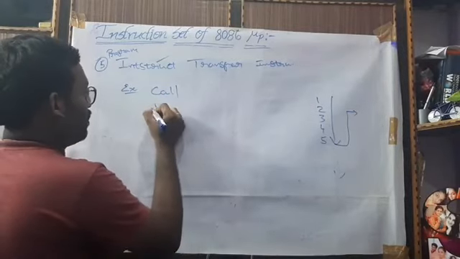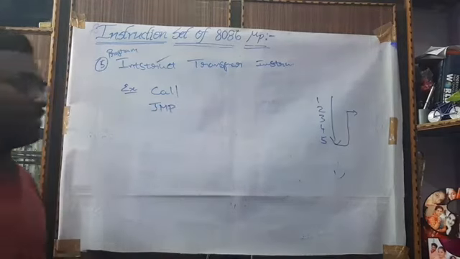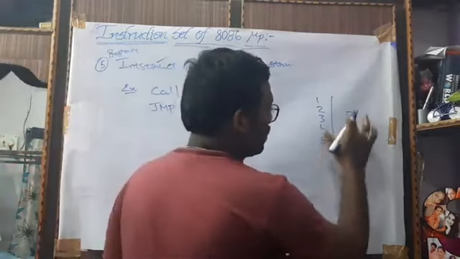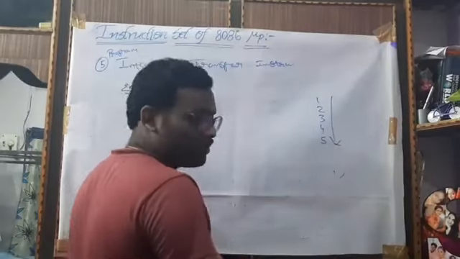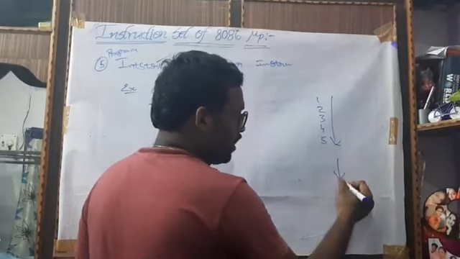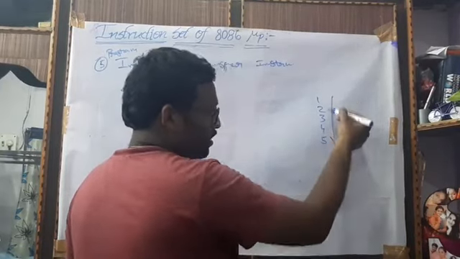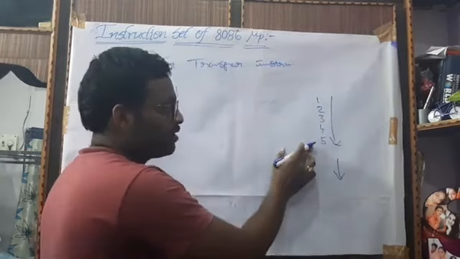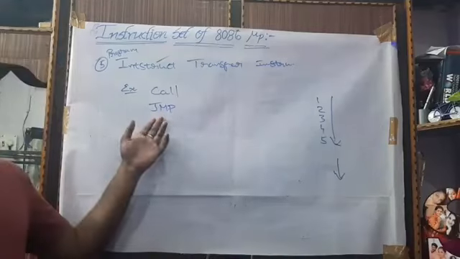And the jump is also an instruction which takes the control of the execution of the 8086 microprocessor to another state. Suppose in this sequence of execution, after the execution of the fifth instruction, there is a jump instruction.